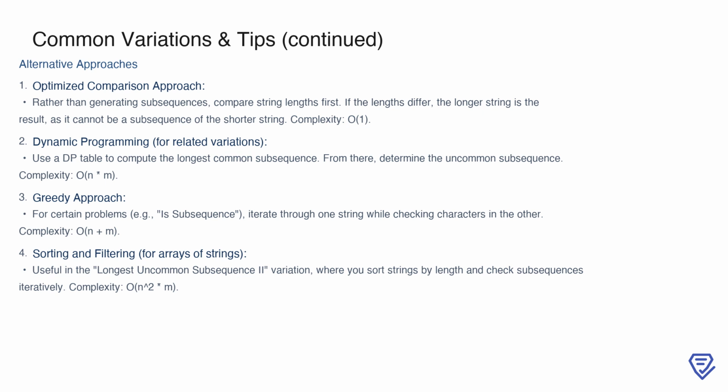In this case, you iterate through one string while checking characters against the other, achieving a time complexity of O(n + m). For problems involving arrays of strings, such as Longest Uncommon Subsequence II, you can use sorting and filtering. Sorting strings by length and checking subsequences iteratively can be effective, though it has a higher complexity of O(n^2 * m). Each of these approaches is tailored to specific scenarios, so choosing the right one depends on the problem constraints and requirements.